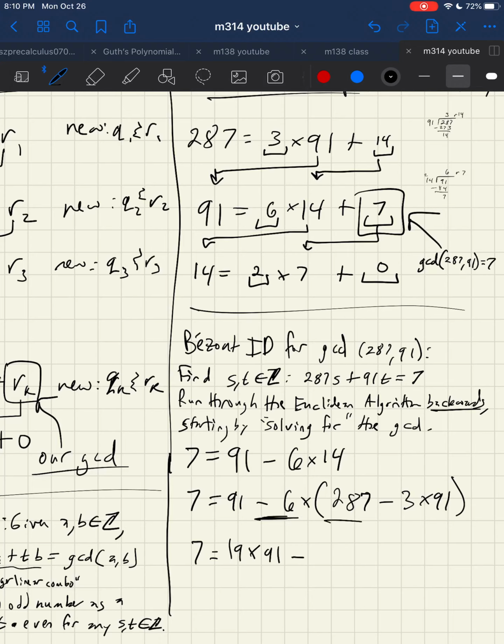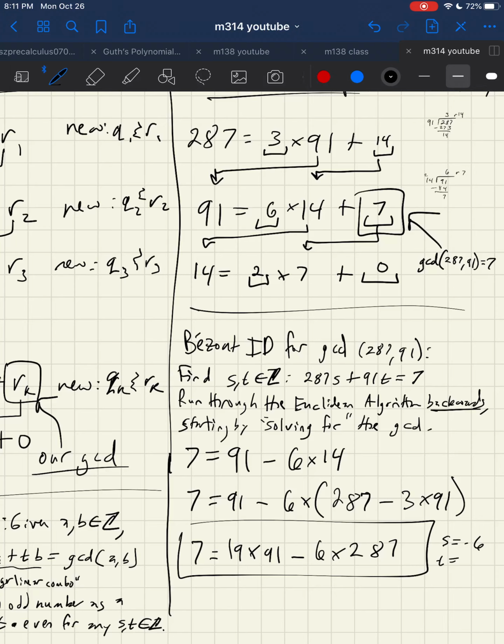And how many 287s do I have? I've got negative 6 copies of 287, so minus 6 times 287. Okay, now I get to the end here. Here is my Bezout identity, right? So in this case, my s was equal to negative 6, and my t was equal to 19.